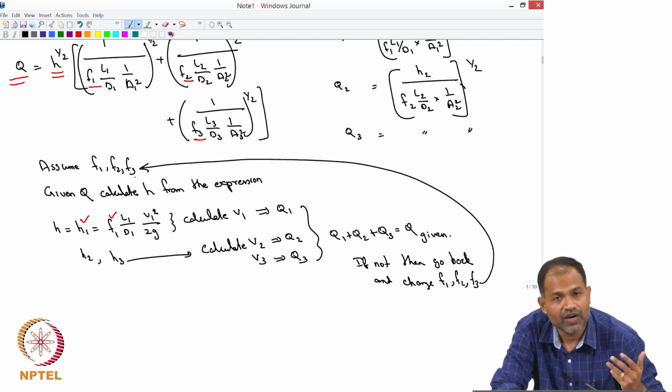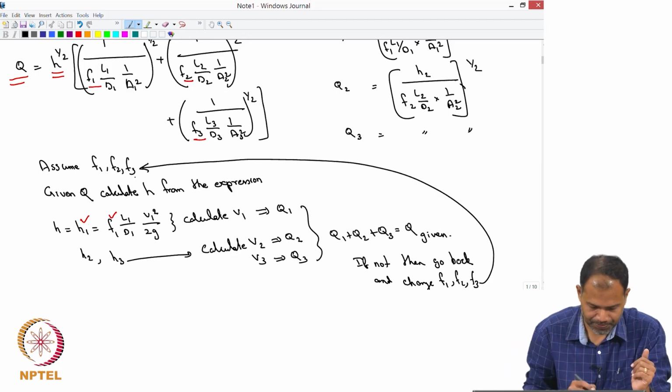So, this is just one way of doing it. Essentially what you have is a system of equations and you need to solve them, and it is your choice really whichever way you want to do it. This is just one algorithm for that.